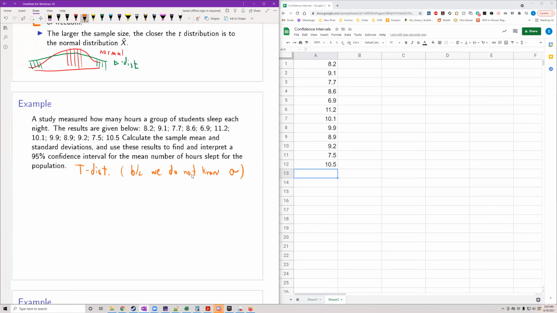the real standard deviation. Here's what we do know. The sample size is 12, which means the degrees of freedom is 11. We can calculate a sample mean and a sample standard deviation. We'll need to use Google Sheets for that. We don't know the true mean and the true standard deviation.